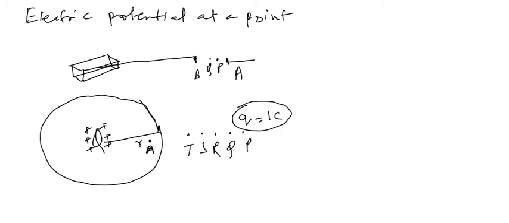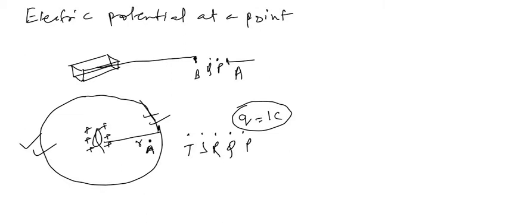So this is defined as the work done in bringing a unit positive charge from infinity, any other point outside the radius of this sphere, up to some point, and that point is present inside the field due to some bigger charged particle. This is called potential at point A.